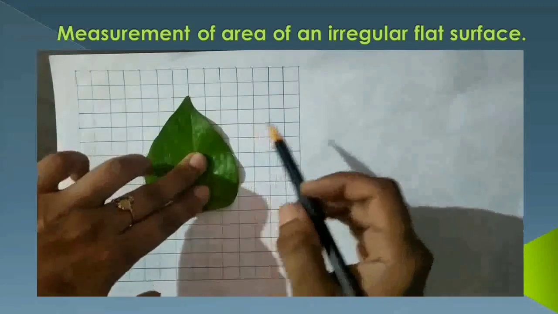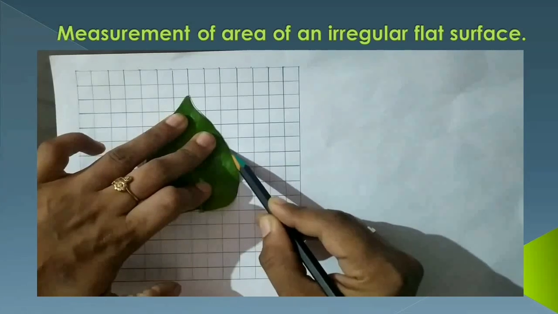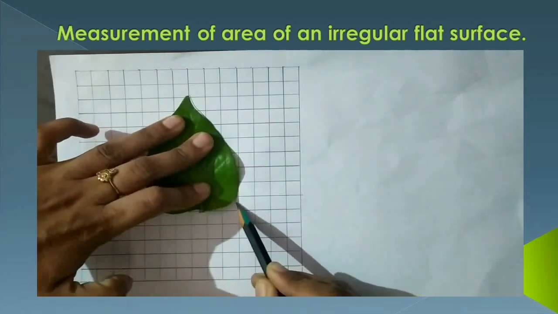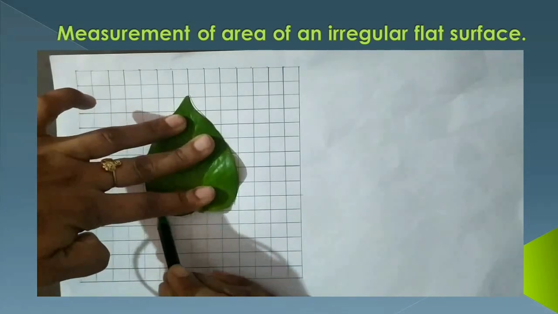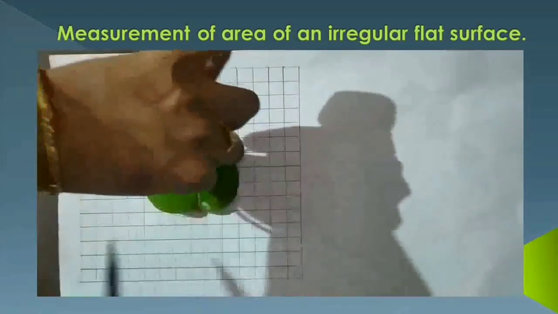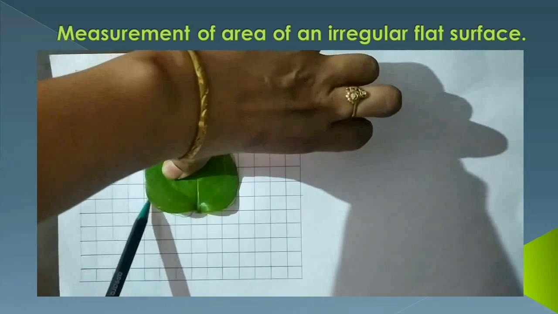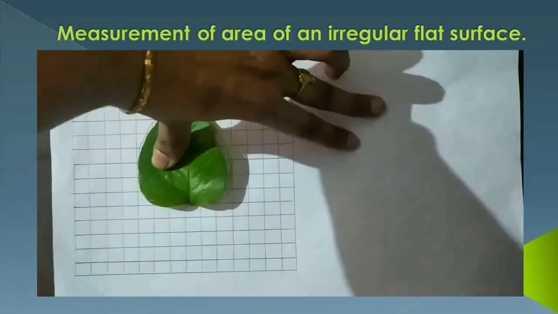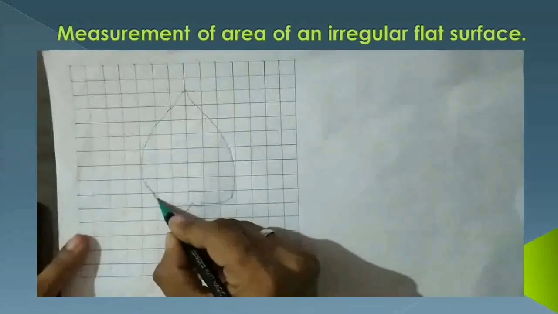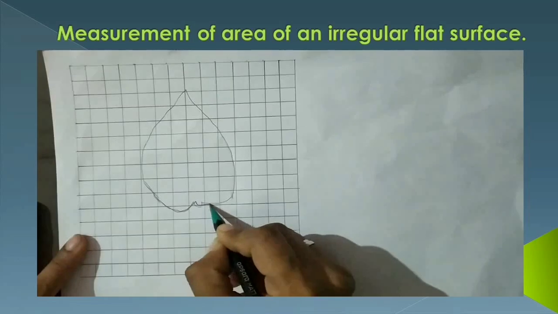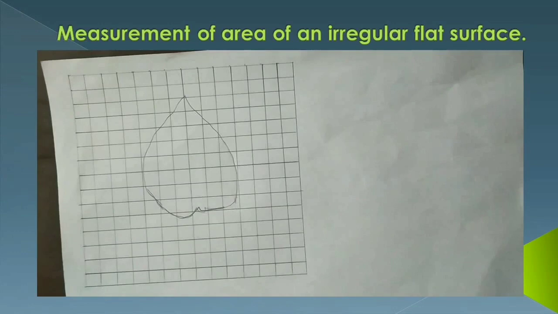You can see I will mark the outline of the leaf with the pencil. Now we will remove the leaf from the graph paper, and we will see the outline of that leaf.